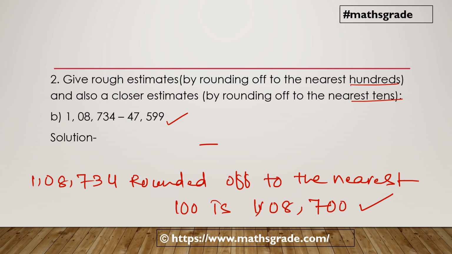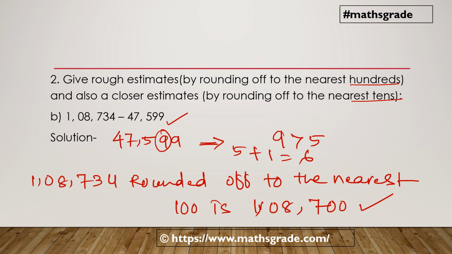Now we round off the number 47,599. In 47,599, the tens place digit is 9, and 9 is more than 5. So just add 1 to the hundreds place digit, that is 5 plus 1 is 6, and write down 0 in the tens place and unit place digit, that is 9 and 9 change to 0.